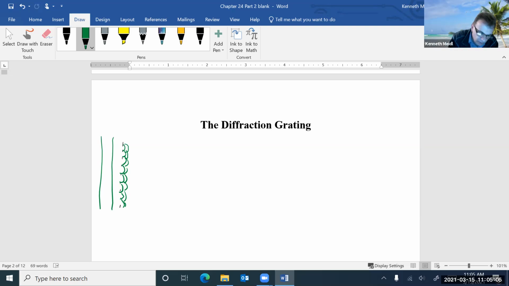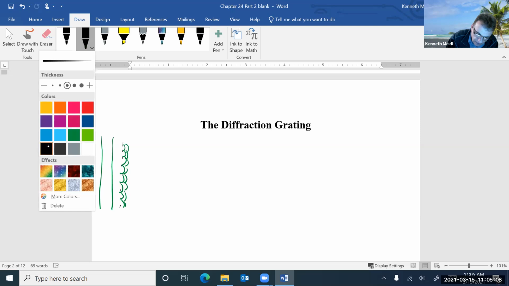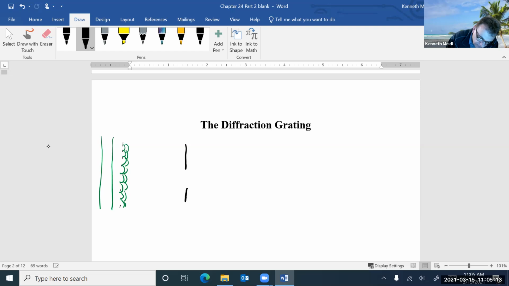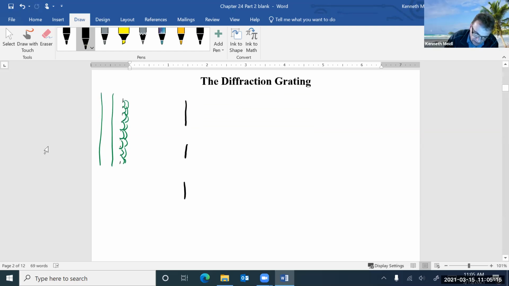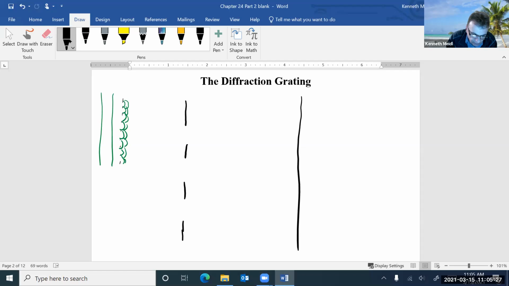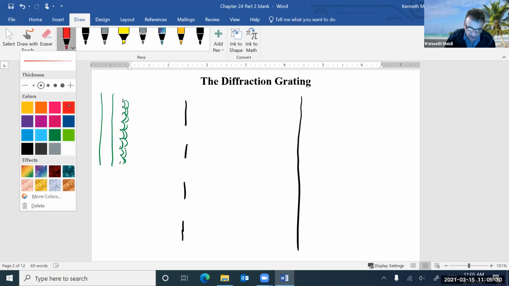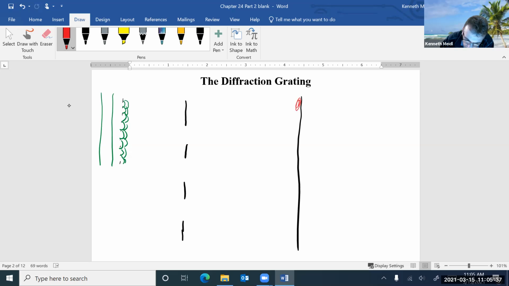And so, if you were to blow this picture up a little bit, and you have all these multiple openings here, and you've got some sort of screen back here, what you end up finding, say if we have red light coming in, is that you're going to end up with some sort of bright spot, say right here.